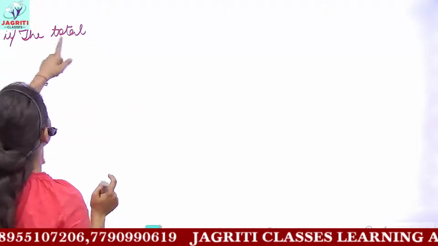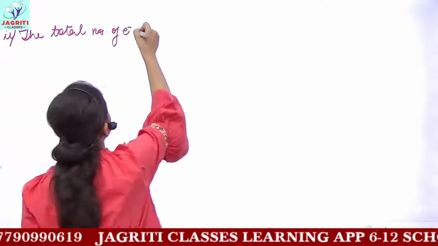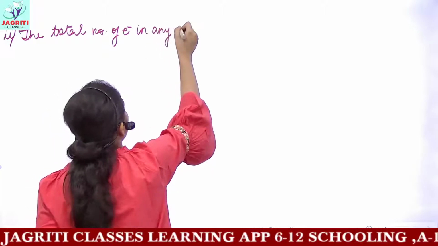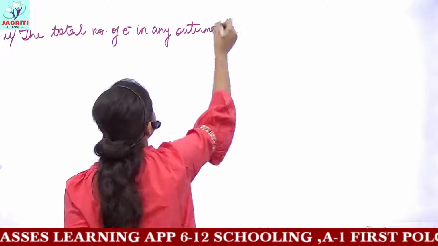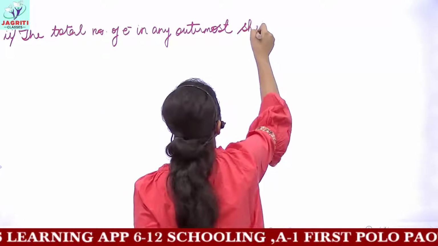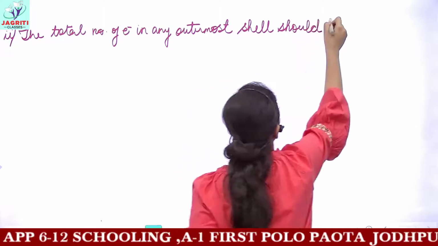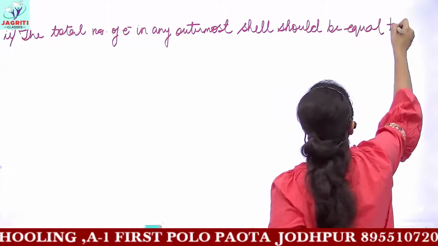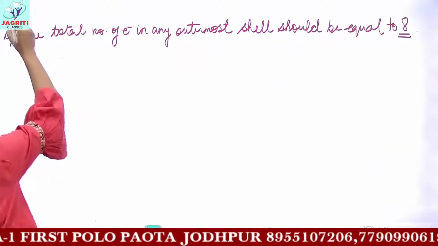Now we are doing the total number of electrons in any outermost shell should be equal to 8 always.